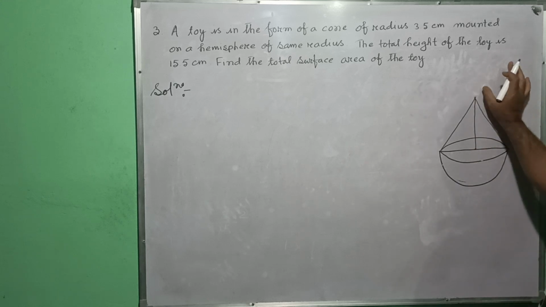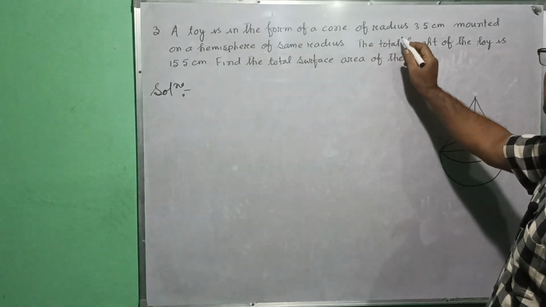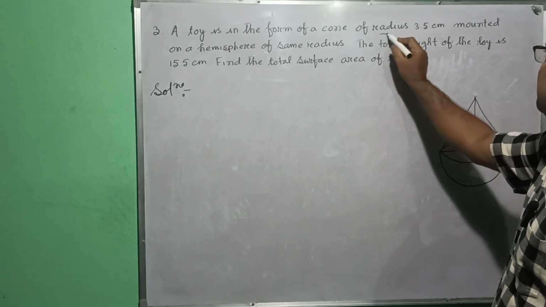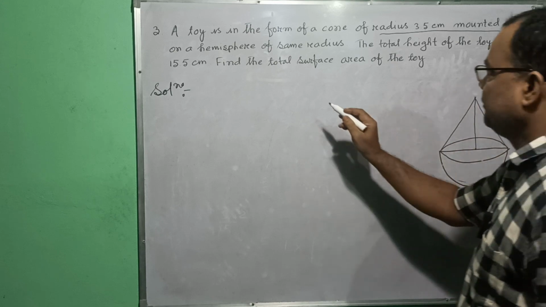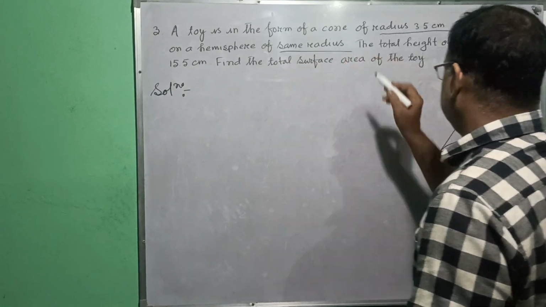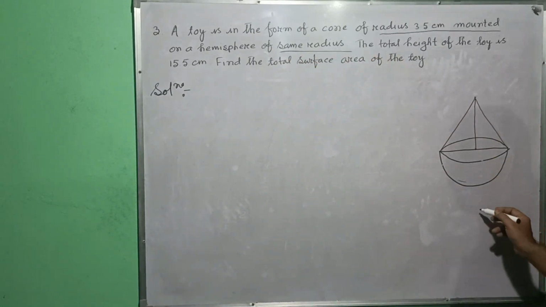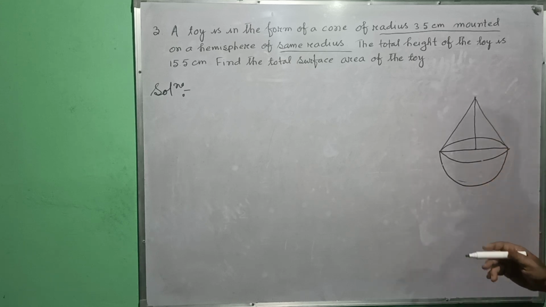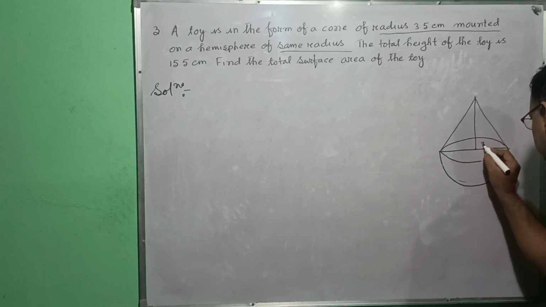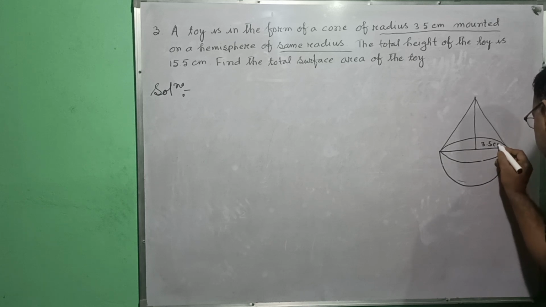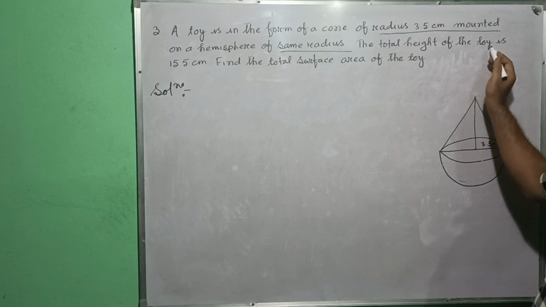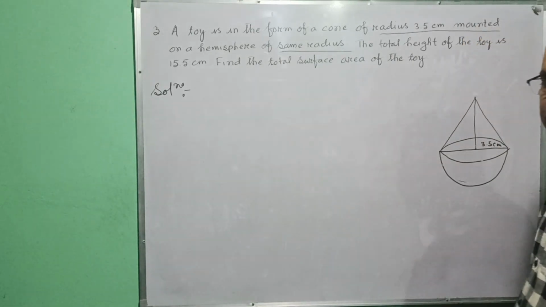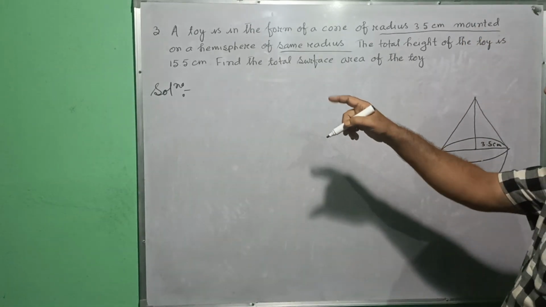Now, as it is given, the radius is 3.5 centimeter, and it is the same radius. It means the radius of the hemisphere and the radius of the base of the cone is the same. It is given 3.5 centimeter. Another piece of information is that the total height of the toy is 15.5 centimeter.